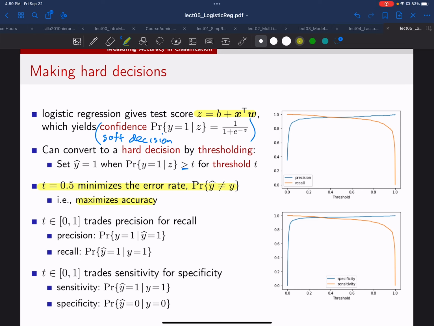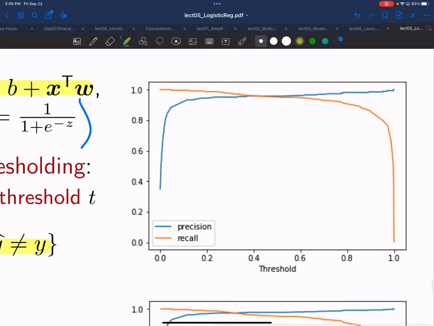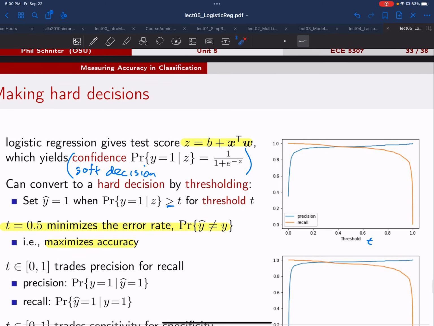But we said that there are applications where we may not care about accuracy directly. We might care about precision and recall. And so here's an example of what happens when this threshold t changes from 0 to 1. Your precision goes up and your recall goes down. In fact, when t is 0, then essentially you're always selecting y hat equals 1.